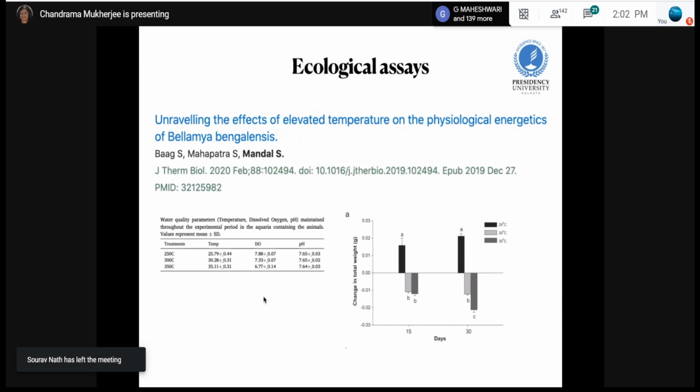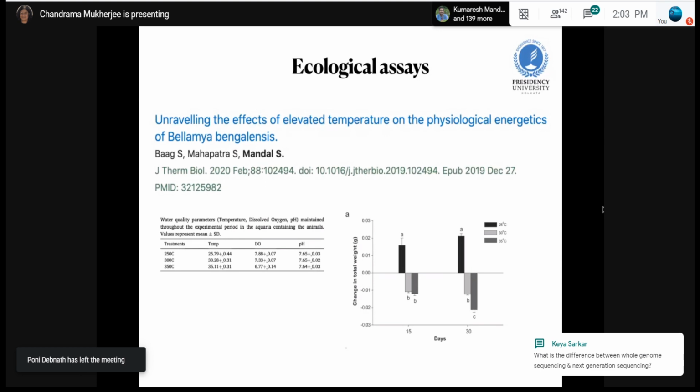Sritama and Shanton showed that when you increase the temperature, there is a change in the total weight of the organism. They did the study at 25, 30, and 35 degrees. In the right panel, you can see that with an increase in temperature, there is an overall decrease in the total weight.